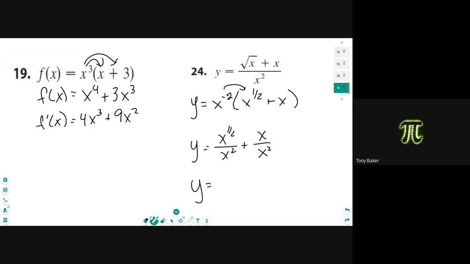Because now I can distribute, or I'm going to subtract because of the division. So I have x to the negative 3 over 2 plus x to the negative 1. And now we're right back to addition and subtraction, and I can do my power rule.